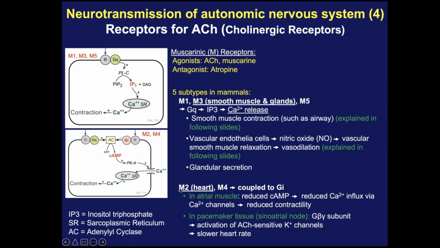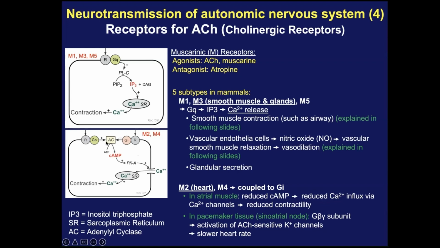The second group includes M2 and M4. M2 is the subtype expressed in the heart. This group, as shown here, these receptors are coupled with another G protein called Gi. I here means inhibitory.